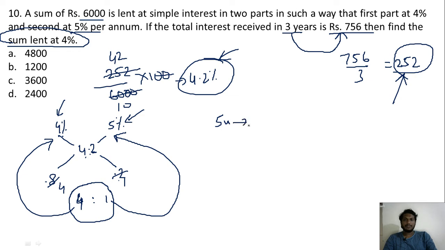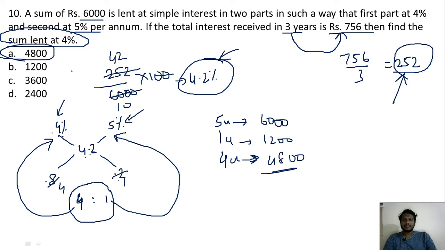This 5 units is equal to 6,000 rupees. 1 unit will be 1200, and we have to find the 4 units because 4 units is invested in 4% simple interest. Now 4 units is 4,800. Option A is the right answer.